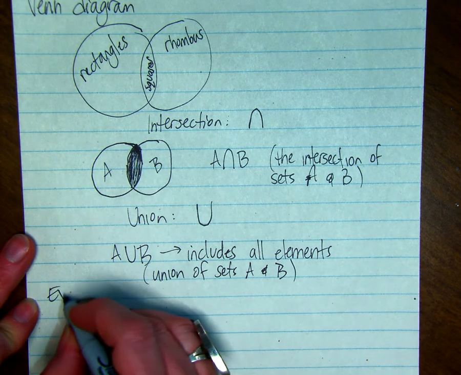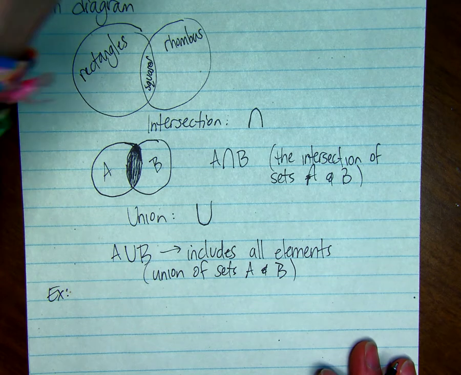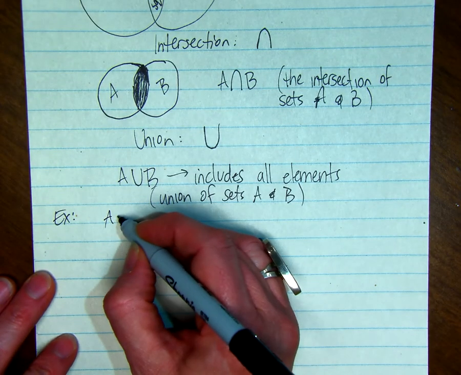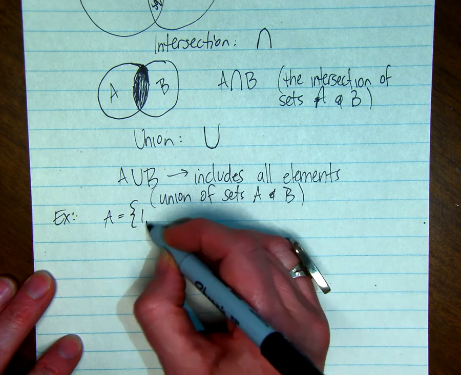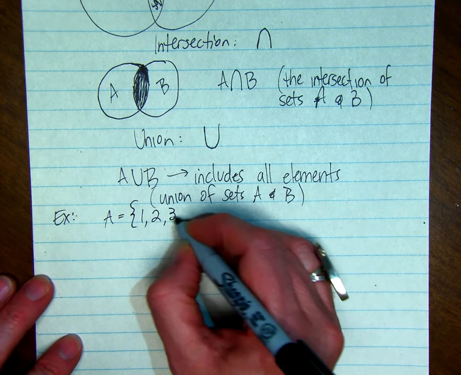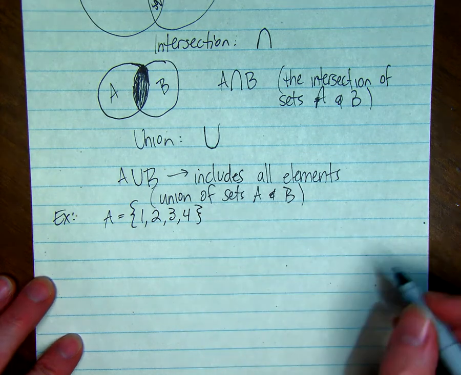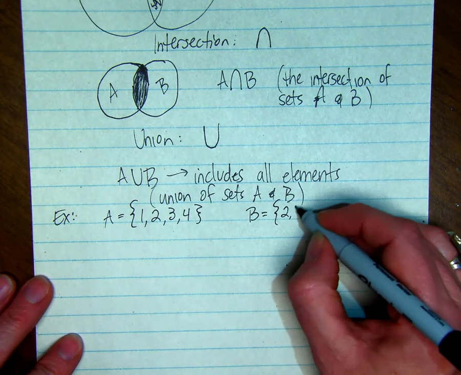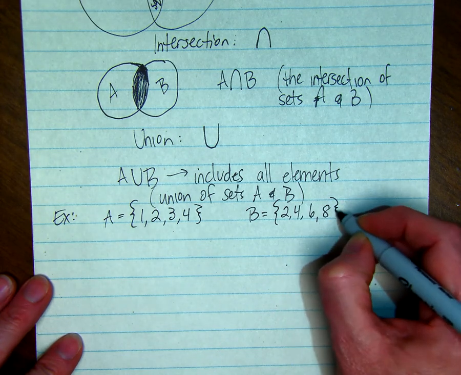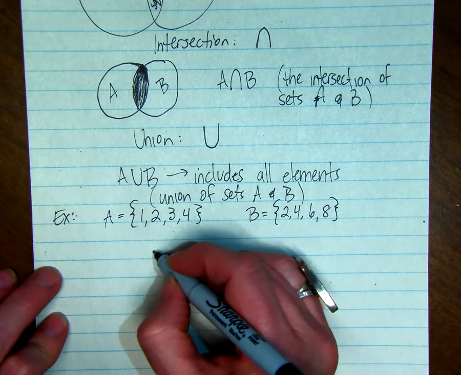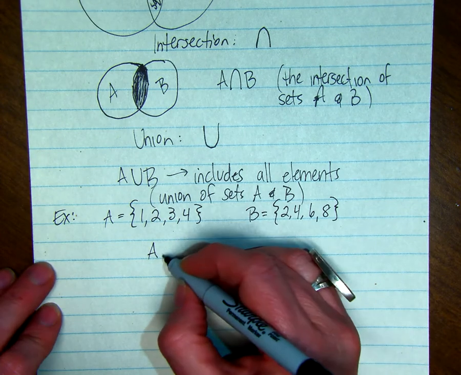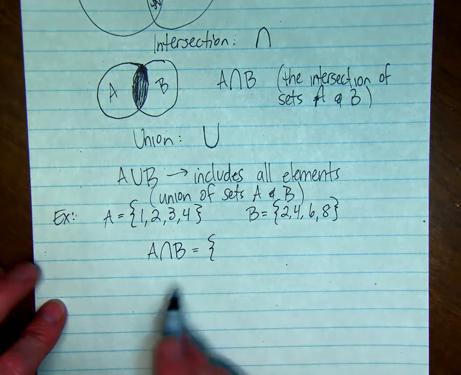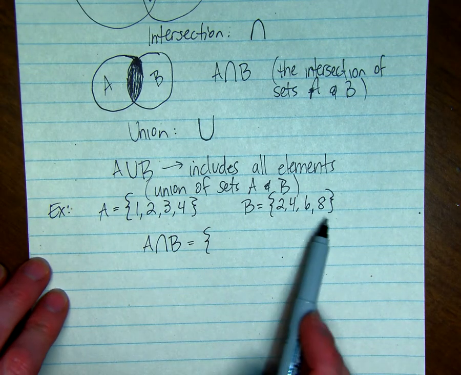So here's an example finding and using union and intersection. If the set A has the elements 1, 2, 3, and 4, and set B has the elements 2, 4, 6, 8, we could say that the intersection of A and B is equal to, now this is just the numbers they both have in common.